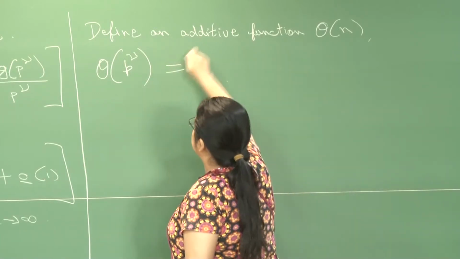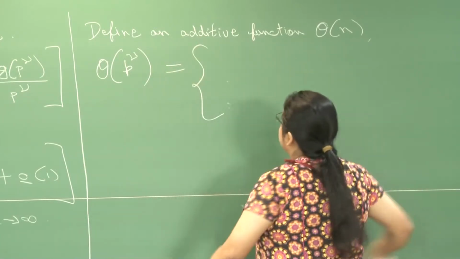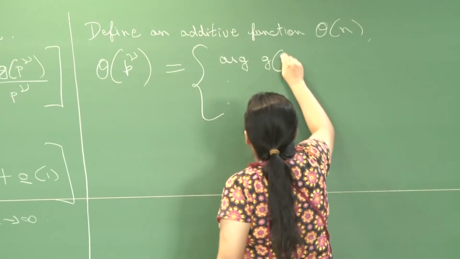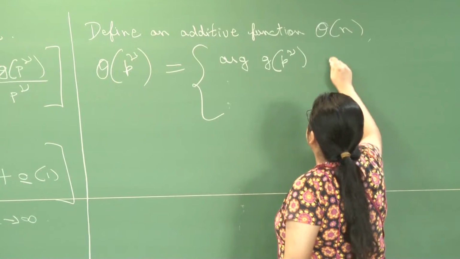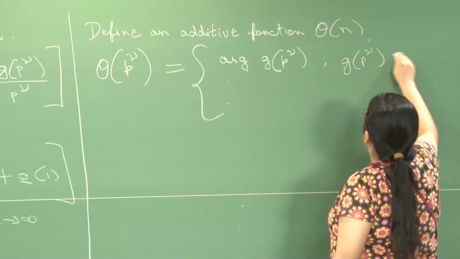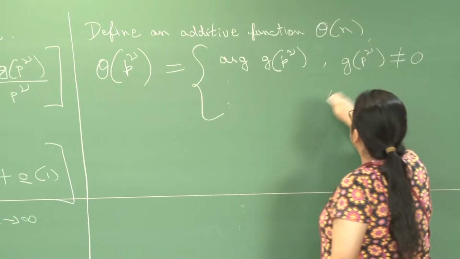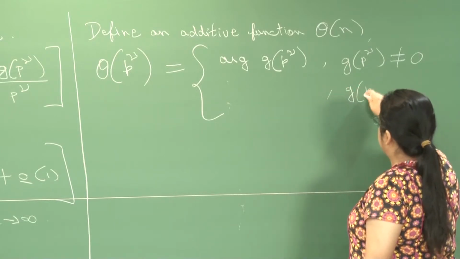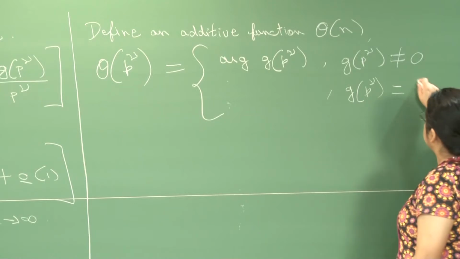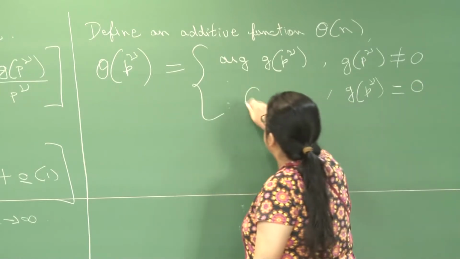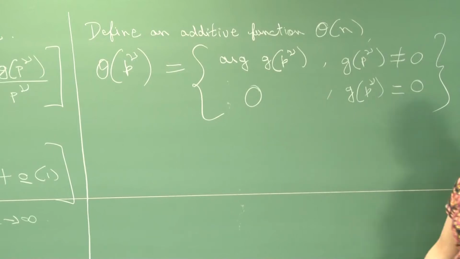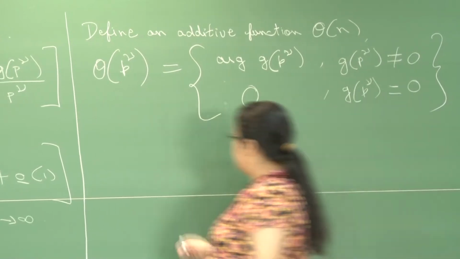So, theta of p raised to the nu is just the argument of g of p raised to the nu if this g is not 0. If it is 0, g could take the value 0 for some values, then we define theta to just be equal to 0, and we extend this into an additive function.